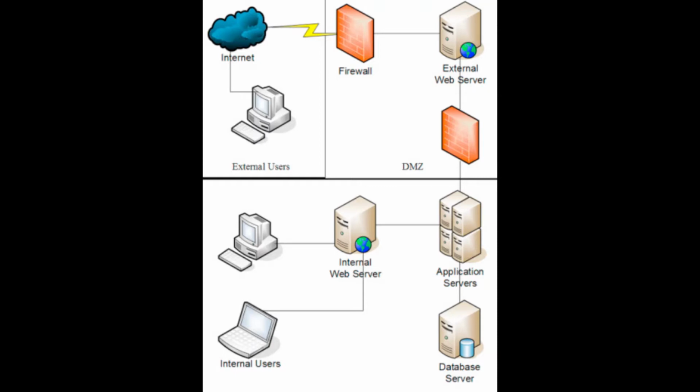The web layer sits between the external firewall and the DMZ firewall, and your applications, database and other web servers sit in your internal segments. The internal users connect to the applications through the internal web server, and external users connect to applications or backend servers through the external web server. This way you make it more secure.